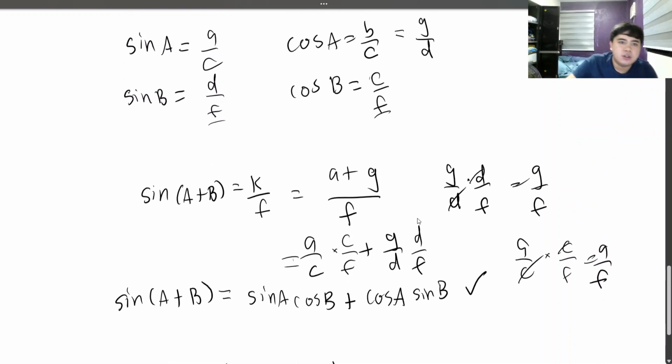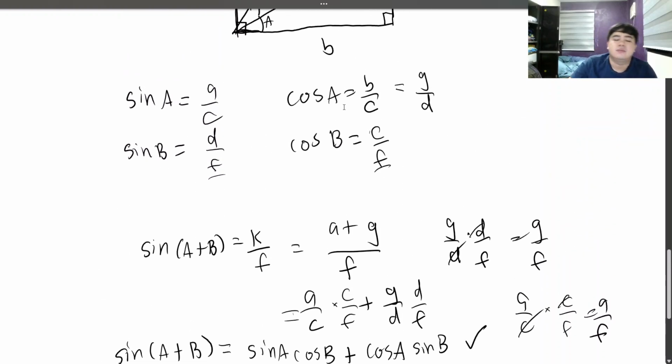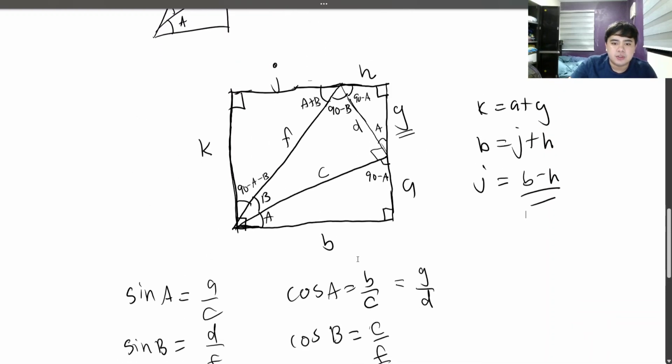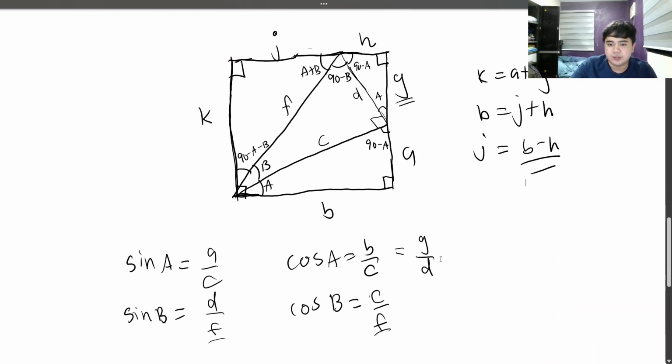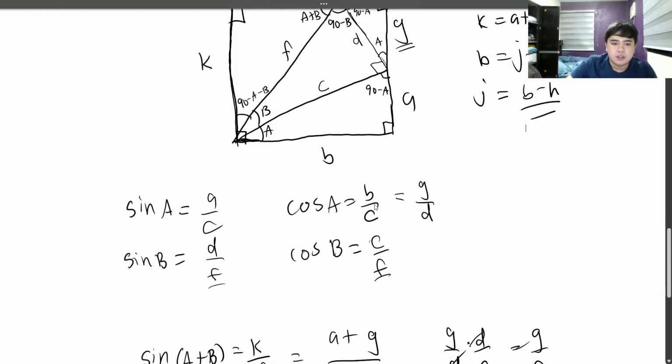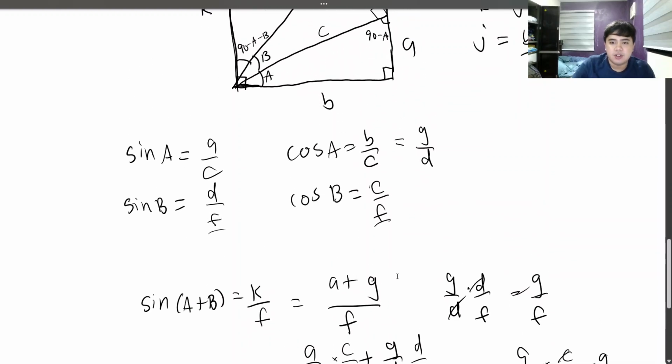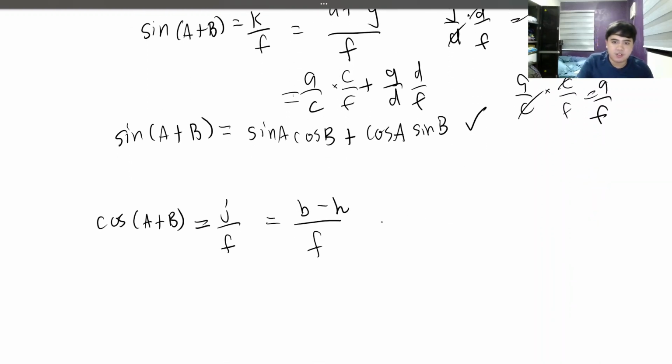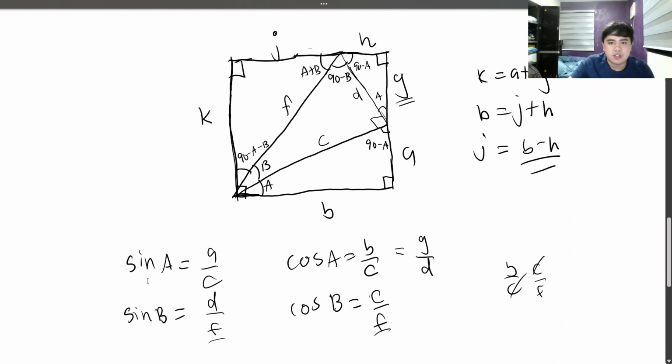Do we have B over F? Look. There is cosine A, cosine B. There's B over C and C over F, right? B over C, C over F. We can do this as cosine A, cosine B. So B over F is B over C, C over F minus H over F. Where is H?